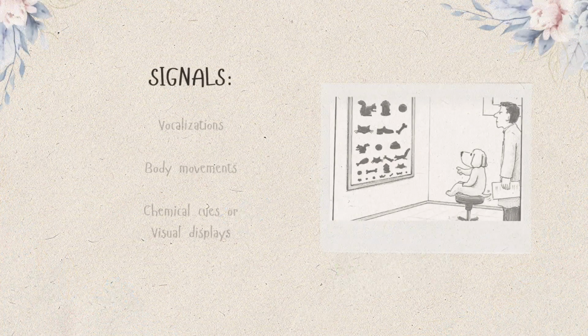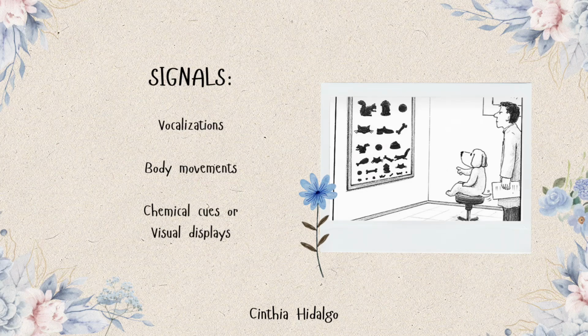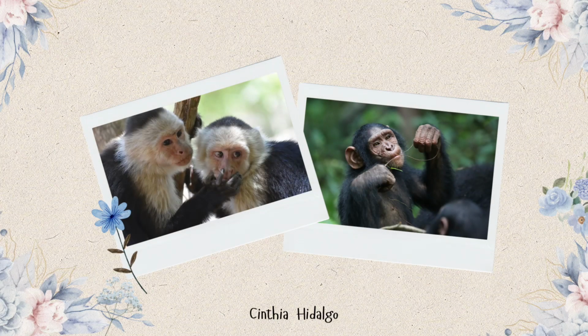Each species has a specific set of signals such as vocalization, body movement, chemical cues, or visual displays that are used in predictable contexts like signaling danger, attracting mates, or marking territory. These signals are triggered by environmental or emotional stimuli and typically result in an automatic response from other animals. Unlike humans, animals do not learn an open-ended system of communication.